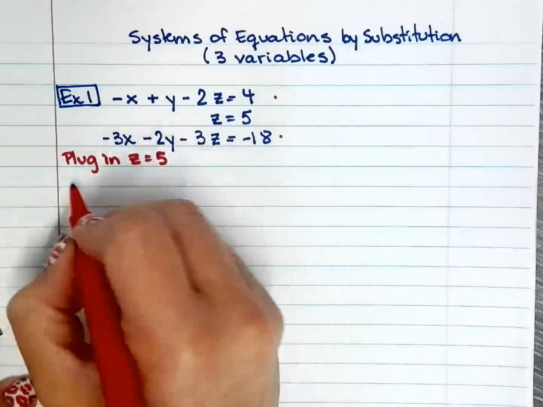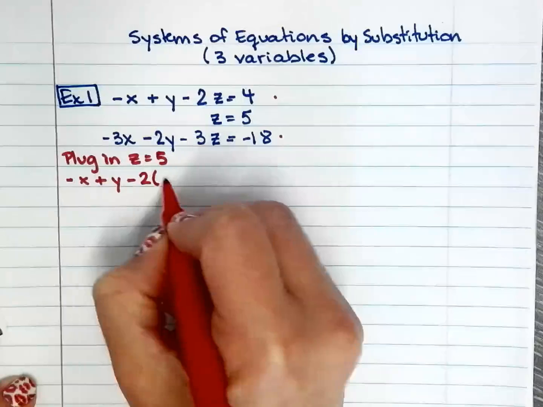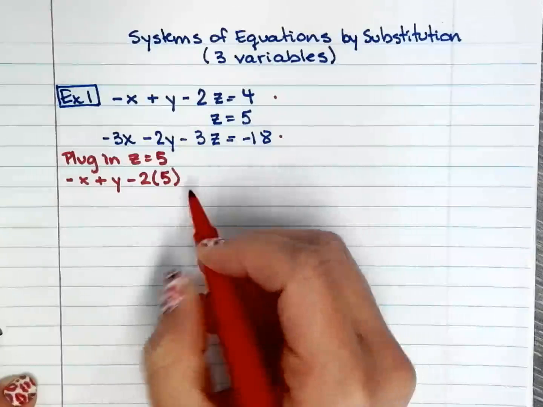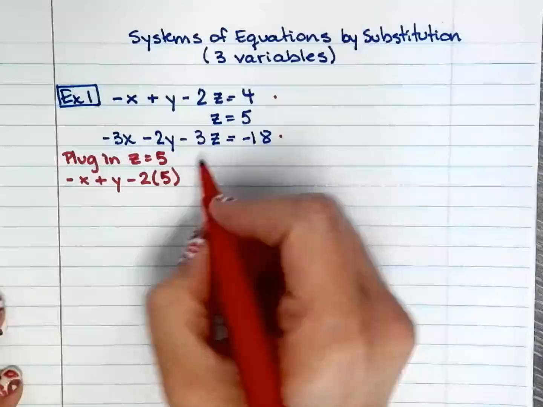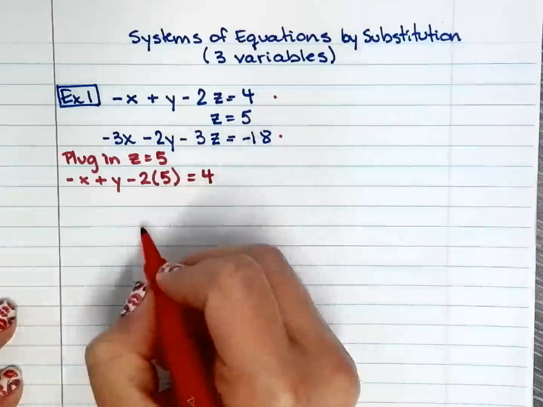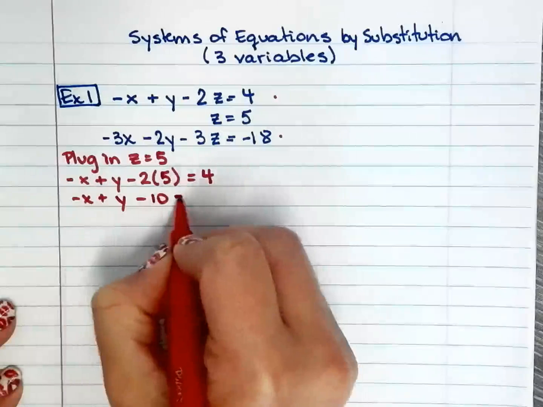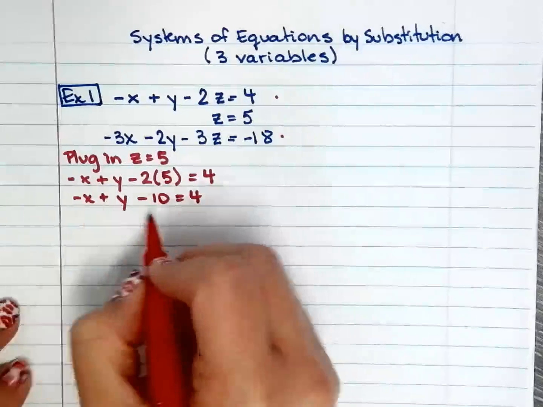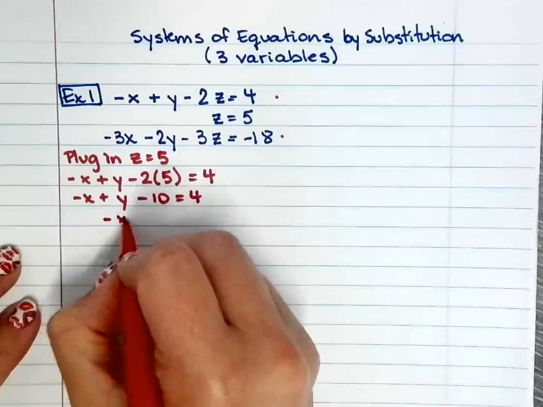Okay, so I have this right there. I'm substituting, instead of writing z, I'm plugging in 5 for z. And here I'm just going to put it in standard form, so I add 10 to both sides.